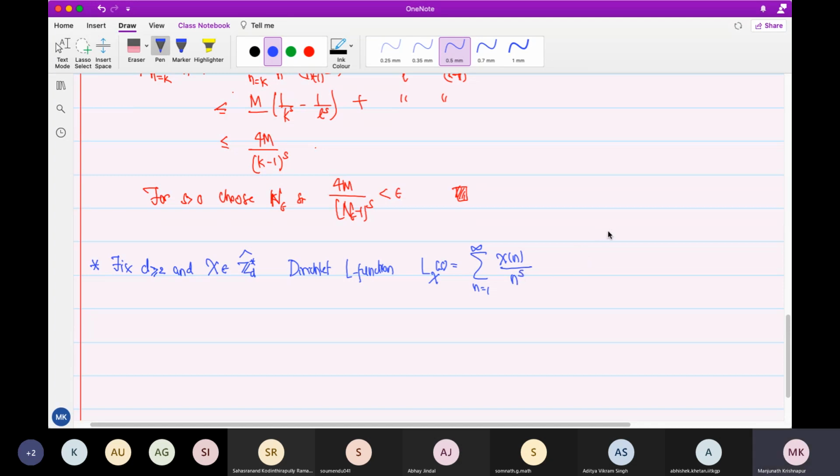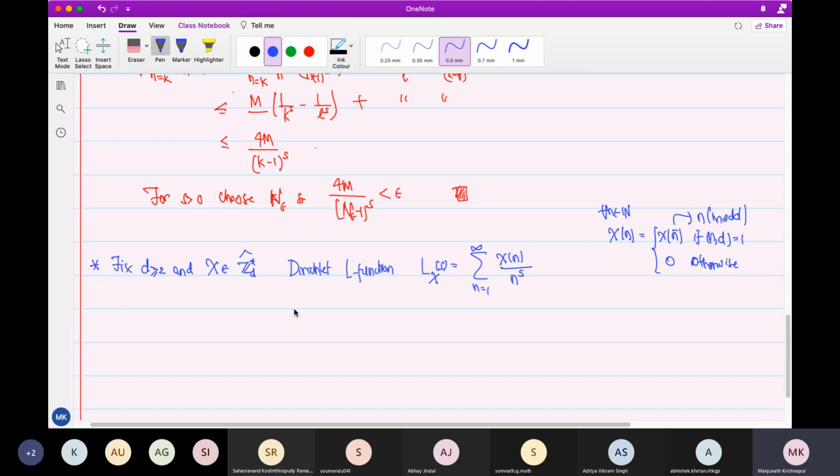You may remember that chi of n is now defined for all integers. Chi of n is defined as chi of n bar, where n bar is n mod d, if n is coprime to d. Otherwise, it is not in that group, right? To fall in Z_d star, it has to be coprime to d, and we have defined it to be 0 otherwise.